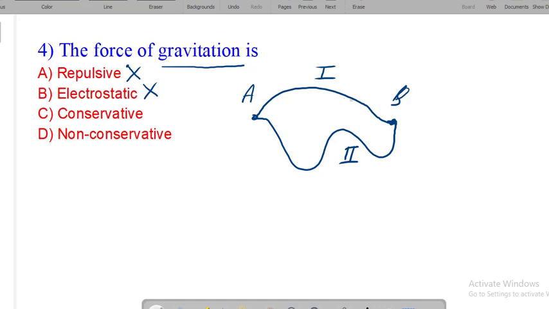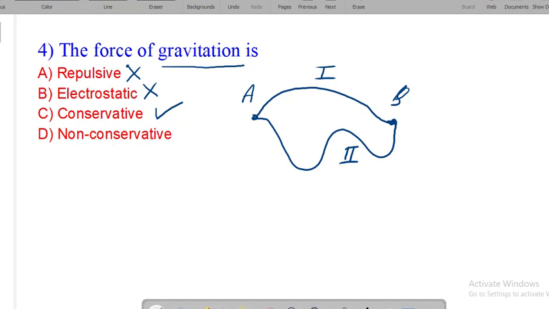So in conservative forces, the work done in case of one and the work done in case of two are both the same. So work done depends only on the end points, it does not depend on the path. This is the property of conservative force: they are path independent and reversible.